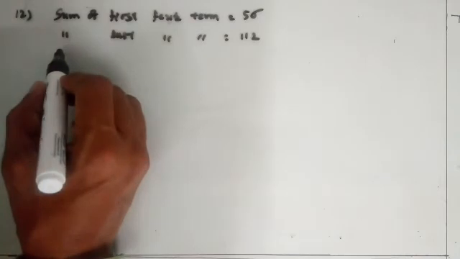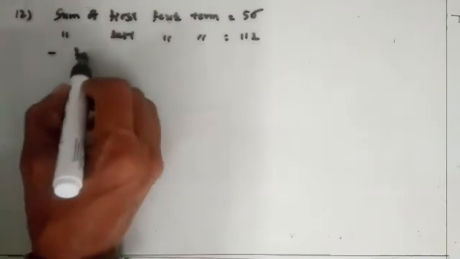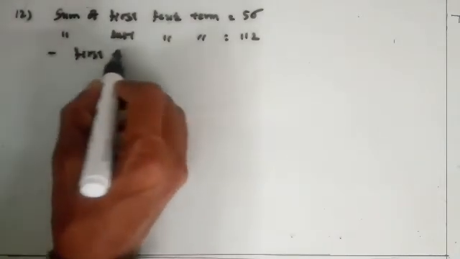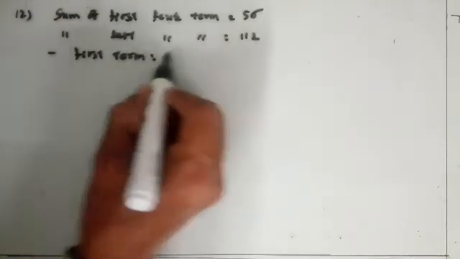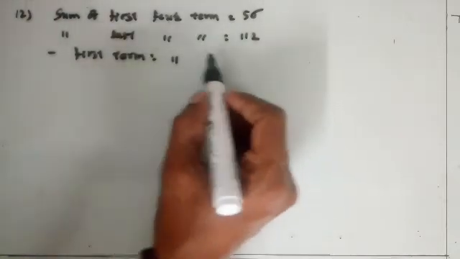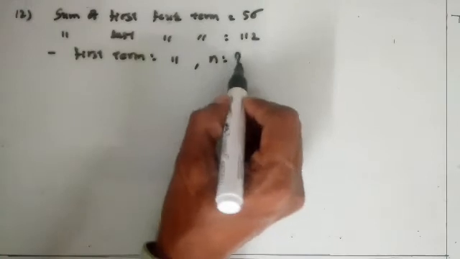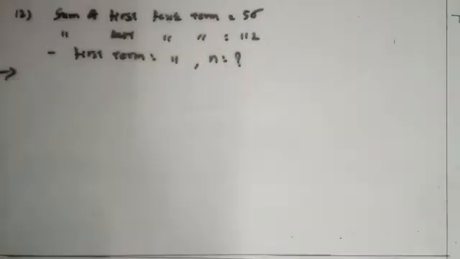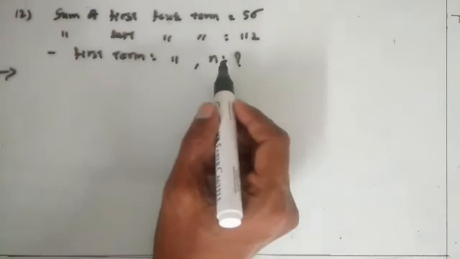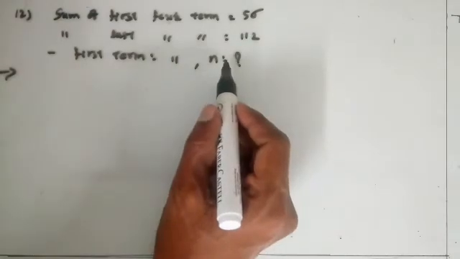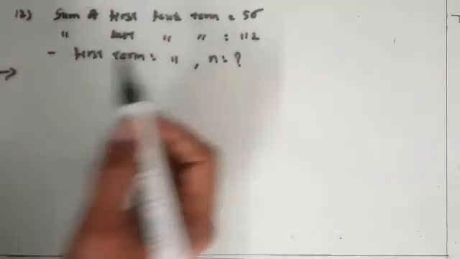If the first term is equal to 11, then find the number of terms. Here the first term is already given as 11, the number of terms is n and the common difference is d.